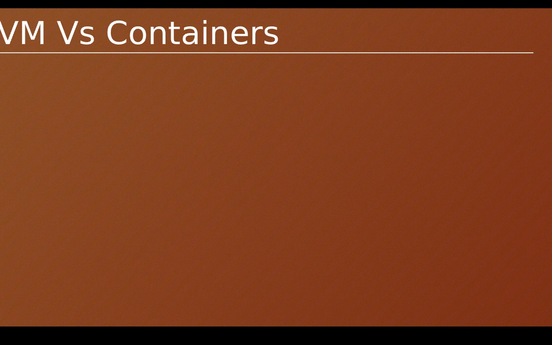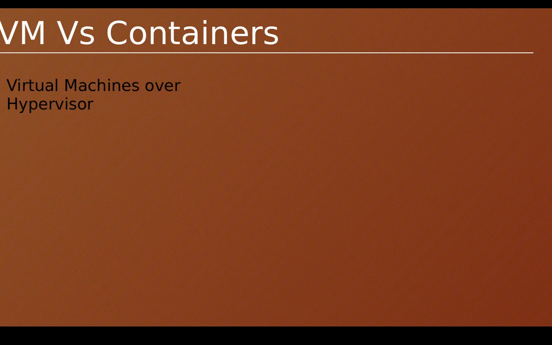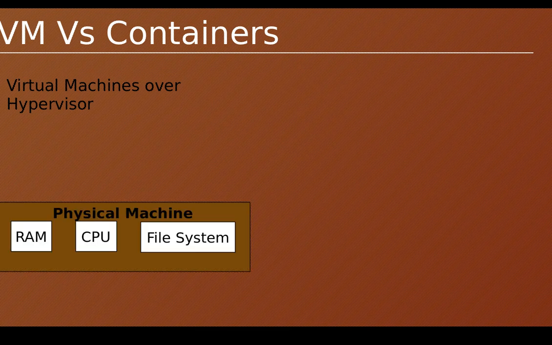So next thing, let's just do a very basic comparison between a virtual machine versus a container. In the virtual machine or the hypervisor world, which is before this containerization, every application was built over these virtual machines. The concept was we have a bigger hypervisor.